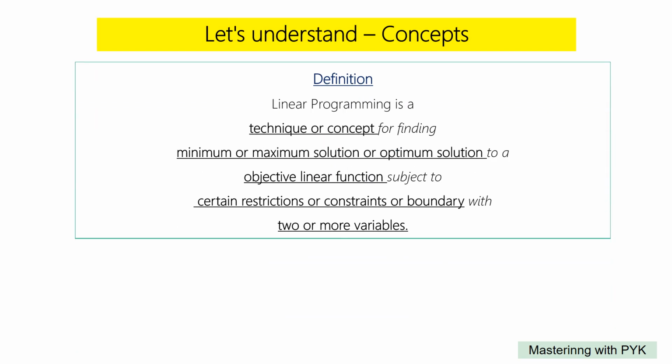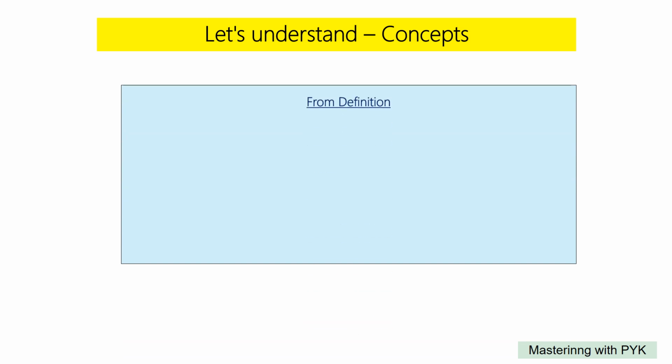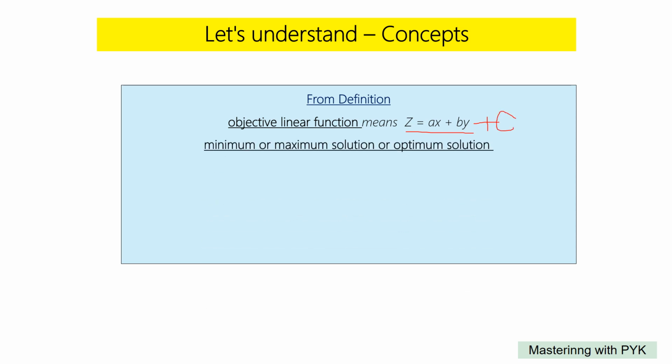Linear programming is a concept, a technique, and the linear objective function is denoted by z. So z is ax plus by, and in some cases you can also have a constant, represented by c, depending on the question.